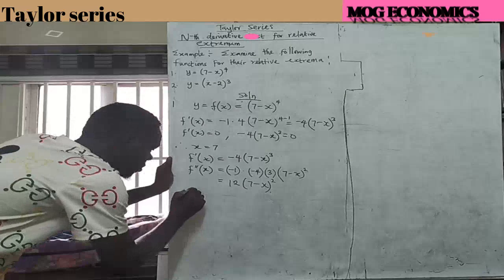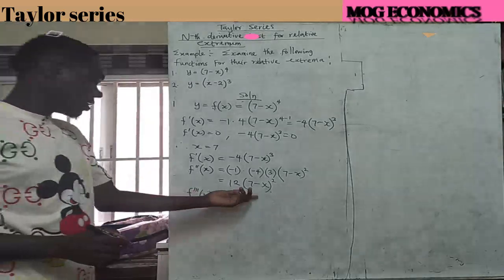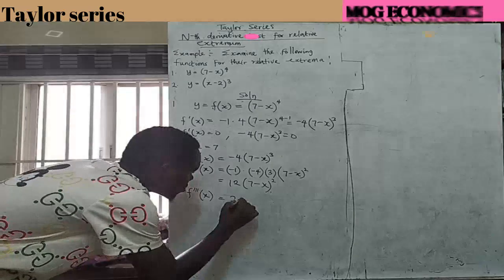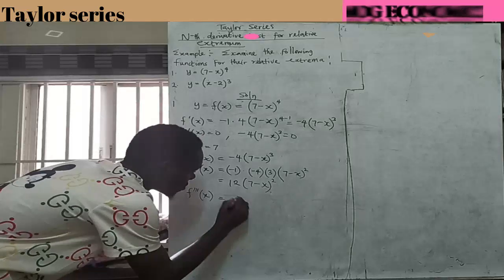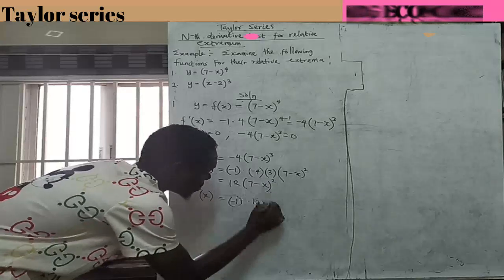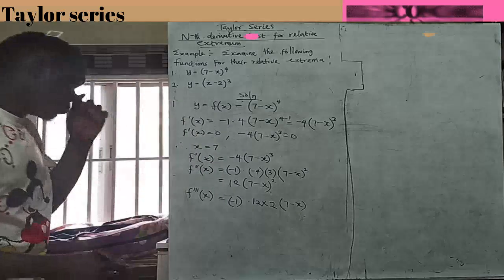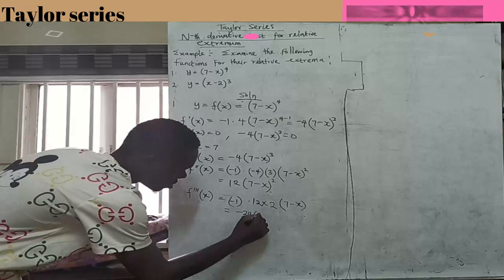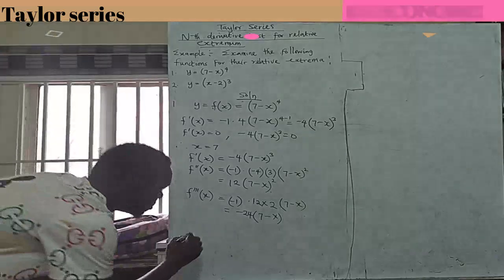And the third order. Again, we are differentiating this. We have 12 times, and differentiating (7 minus x) squared gives 2 times minus 1, so here we have minus 24 times (7 minus x). Again, let's differentiate.